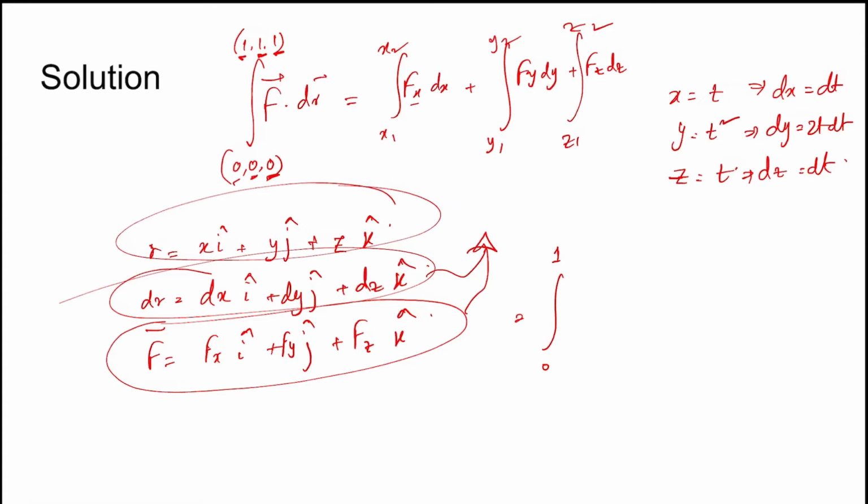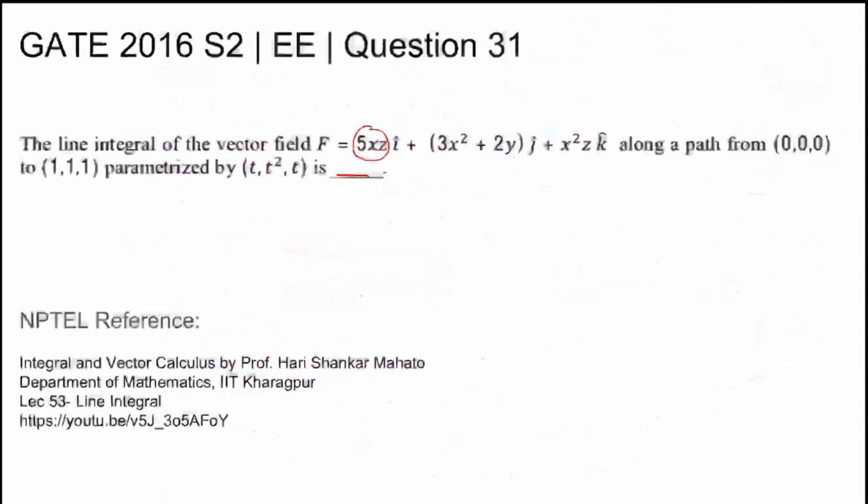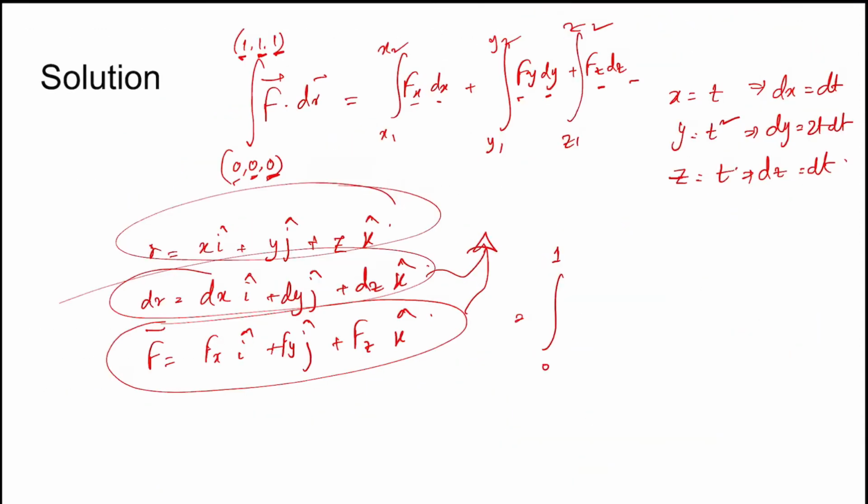But we want to parameterize the variables x, y, z. So fx is given as 5xz, so fx is 5xz, fy is 3x square plus 2y, fz is x square z.